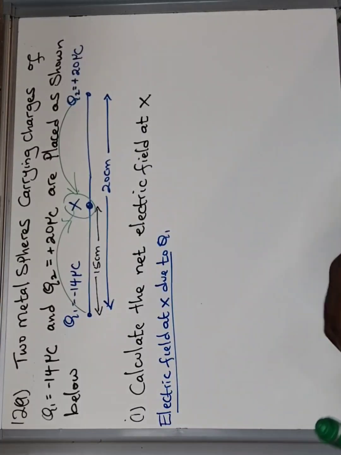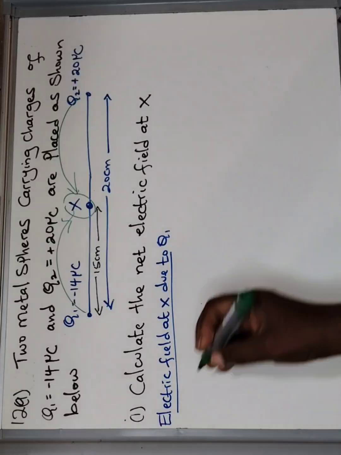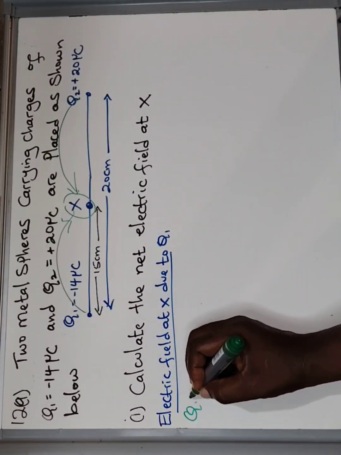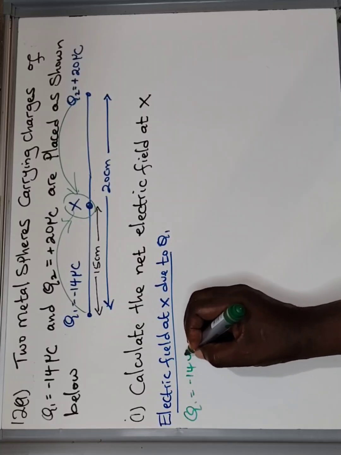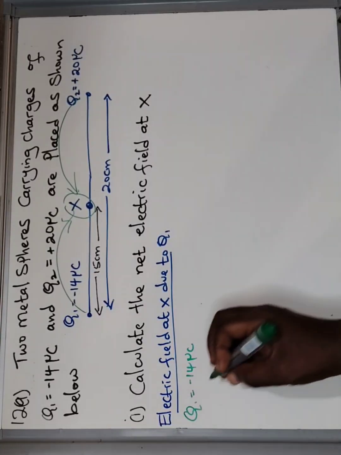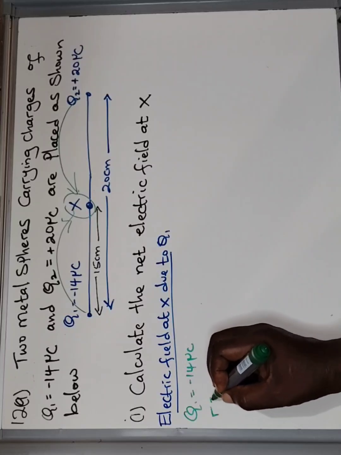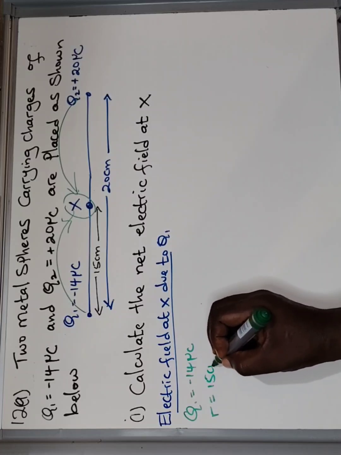Okay. Let's see what we have this side. You know Q1, which is negative 14 microcoulomb. You know the distance, which is 15 centimeter.